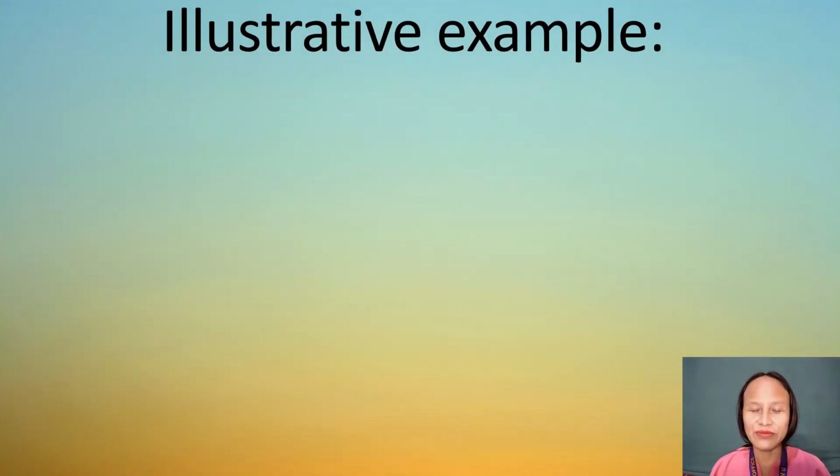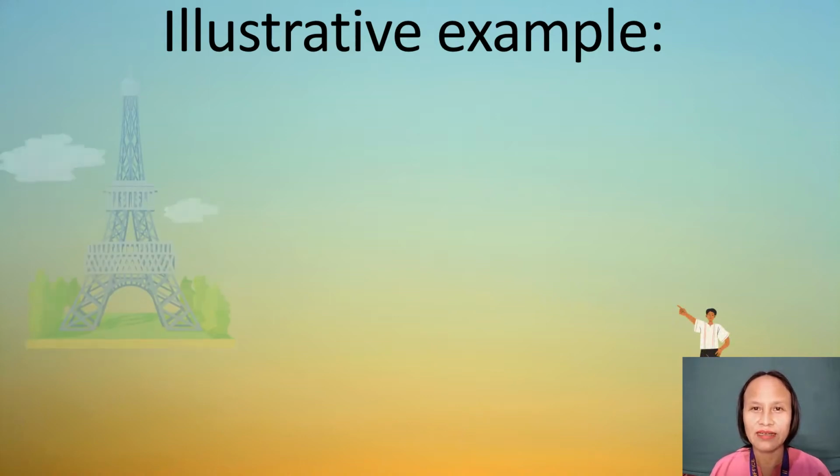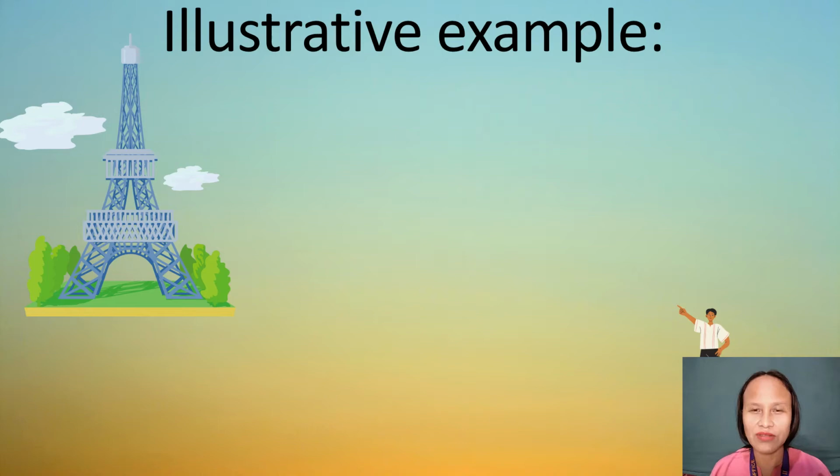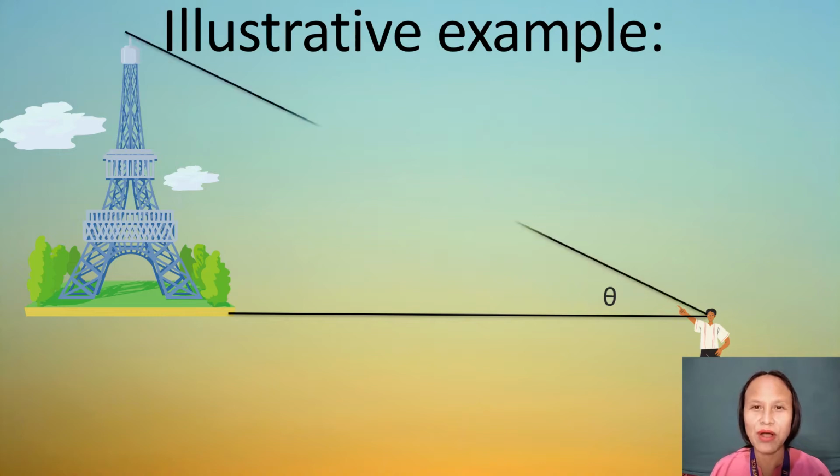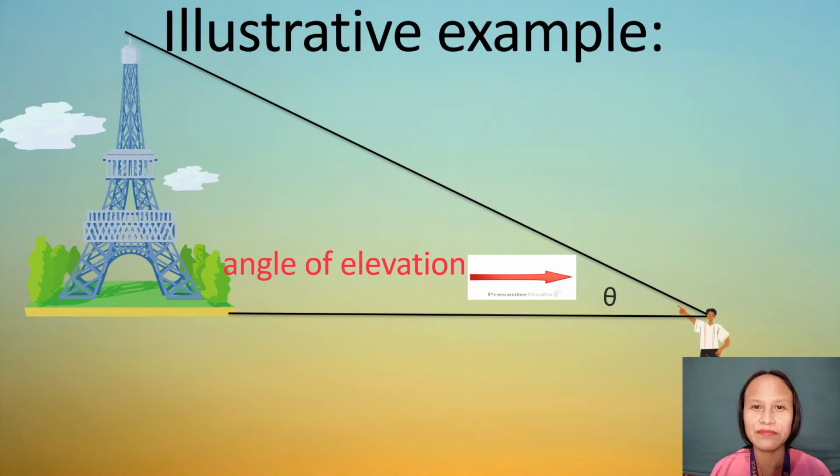To understand well about angle of elevation and angle of depression, let's have this other example. So if we have the observer here and the object tower, the angle formed from the horizontal line of sight of the observer to the object above is called an angle of elevation.